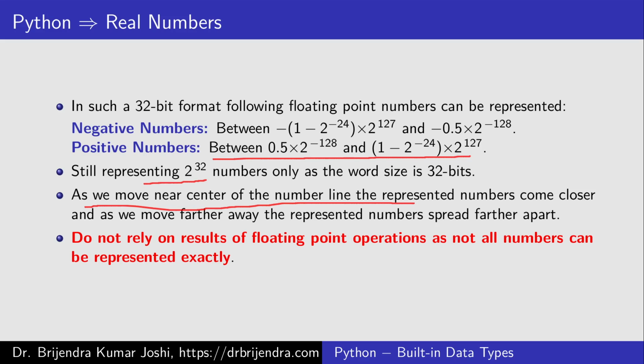So numbers whose representation is exact are more in number near 0. And as we move away from 0, the number of numbers which can be represented exactly becomes less and less.